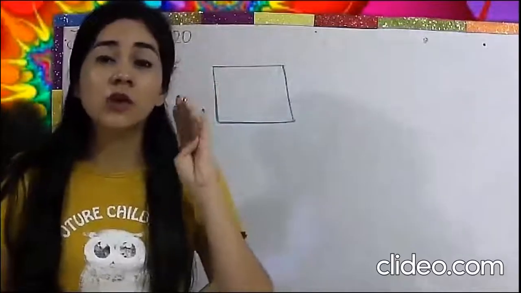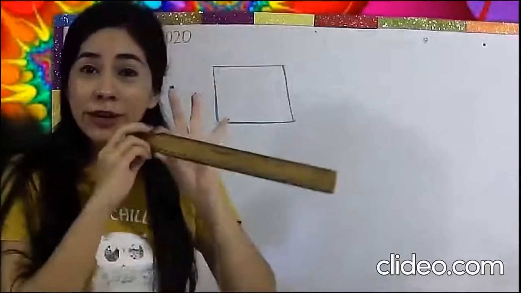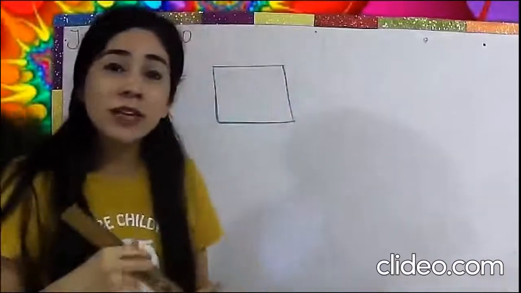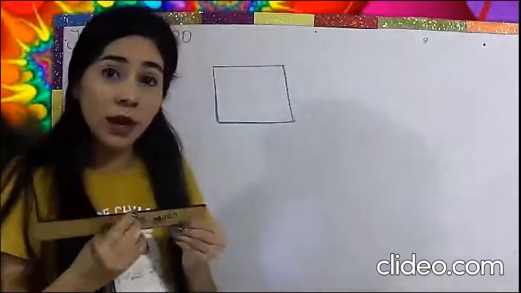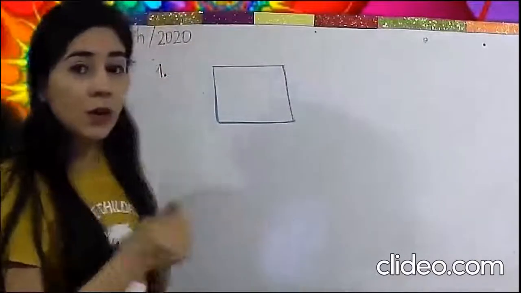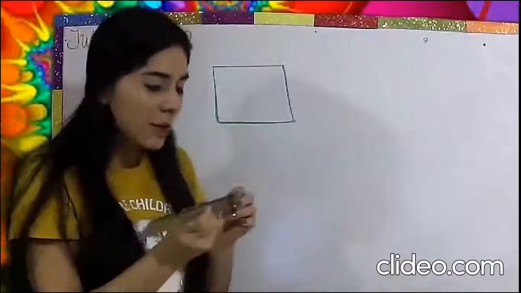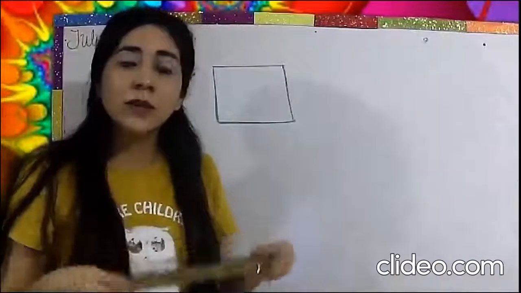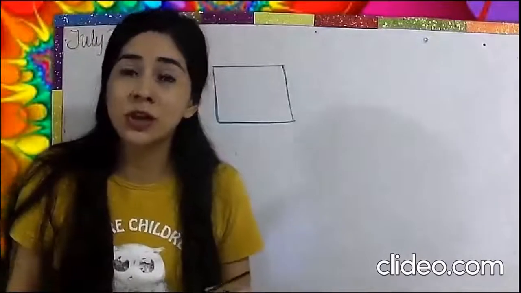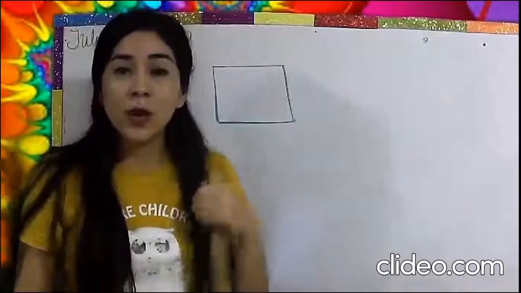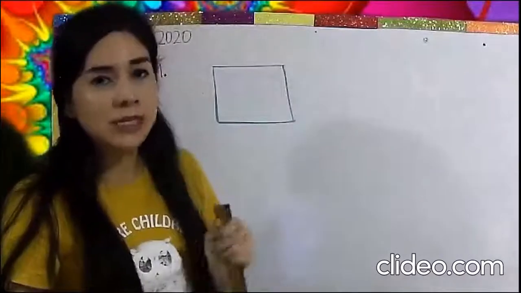Please take your ruler and measure the rectangles that are in the book, okay? Vas a medir los rectángulos que están en el libro. No importa si mide nada más 2 centímetros, no importa. The important thing is you measure and you are going to find the perimeter, okay? Now, we're going to continue with the next point because this is easy, okay?